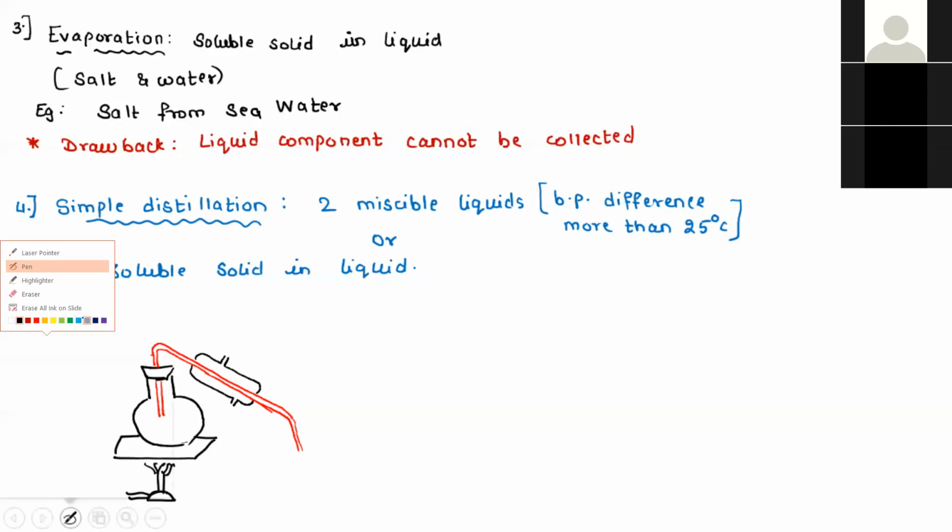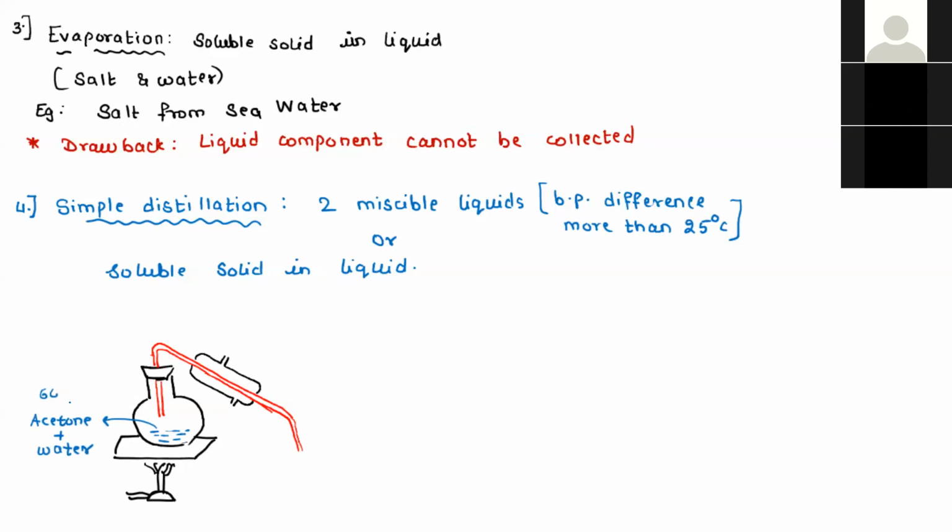So what happens is, let's say there is a mixture of two liquids, let's say acetone plus water. Acetone boiling point is 60 degrees Celsius and water boils at 100 degrees Celsius. It's a mixture.